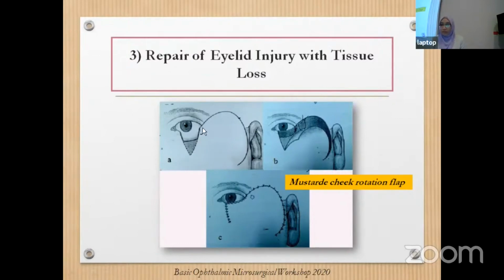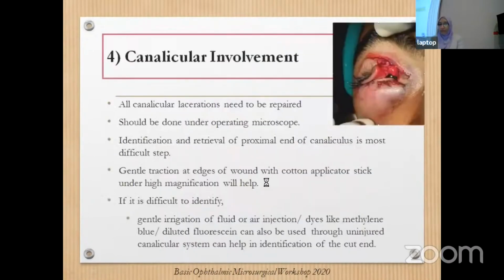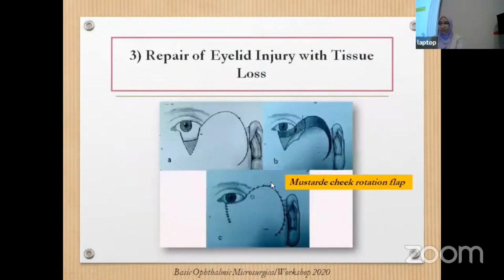So we make an incision here, skin up to the muscle, and then we move it medially to cover the entire defect itself. This is the cheek rotation flap you must study. So the scar will be like this.